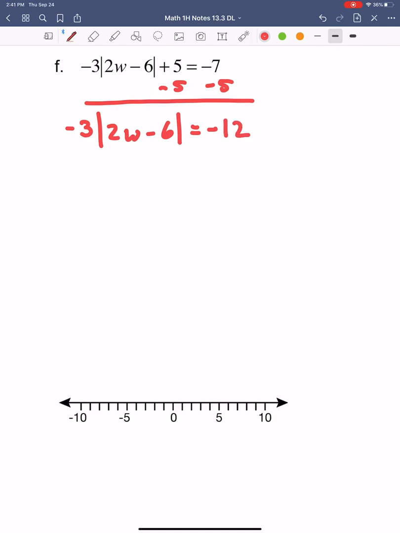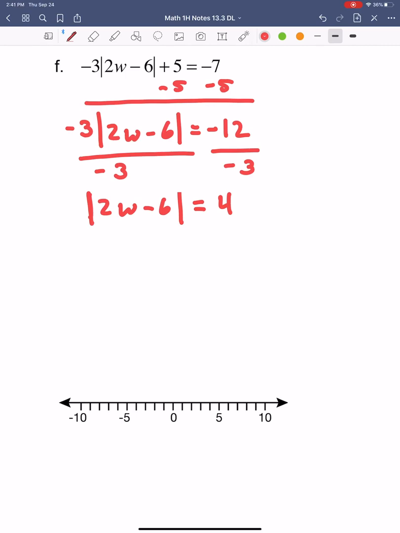Okay, so notice it's still equal to a negative, but we need to get rid of that -3, so I'm going to divide by -3 on the left, divide by -3 on the right, and I get 2w minus 6 in my absolute value bars is equal to positive 4.